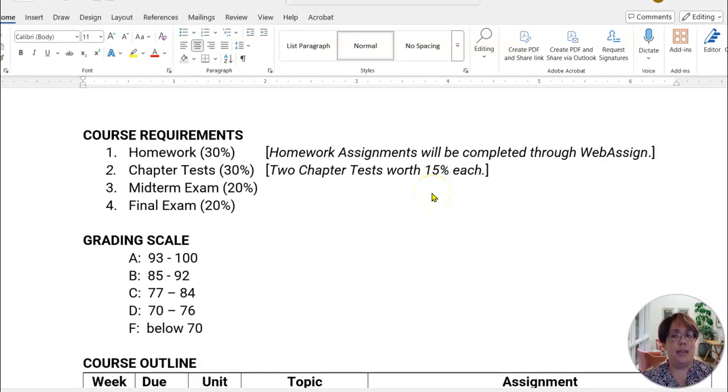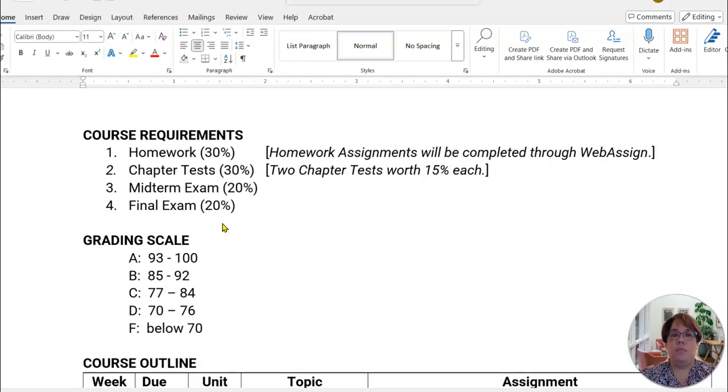Sometimes there are 4 tests. So it just depends on if you're taking this during the summer or if you're taking this during the spring or fall. But whatever, just look at your syllabus and see which term you're taking this in. But all of those tests combined will be 30% of your grade. Then the midterm exam will be 20% and the final exam will be 20%.